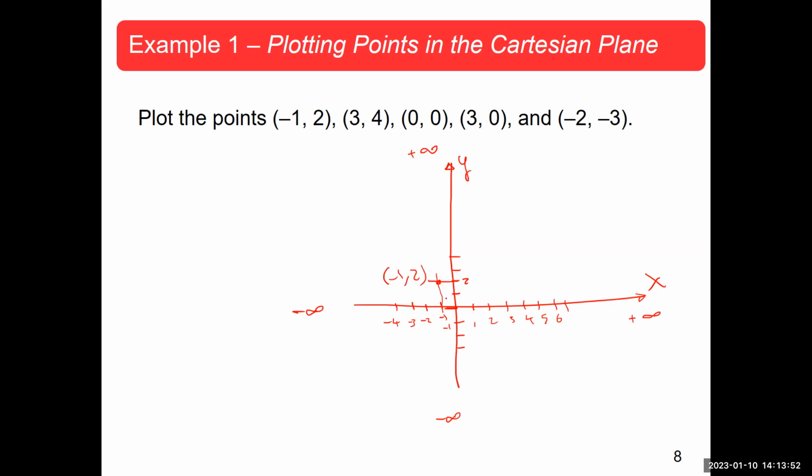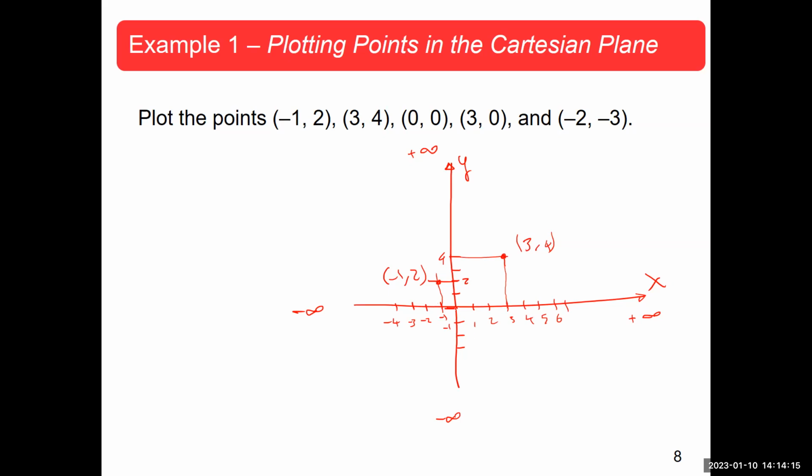So that's the reason they call it rectangular coordinates, because you are constructing a rectangular shape. 3, 4. So 1, 2, 3, I draw a vertical line. Then 1, 2, 3, and 4, horizontal line, this is my point. 3, 4.